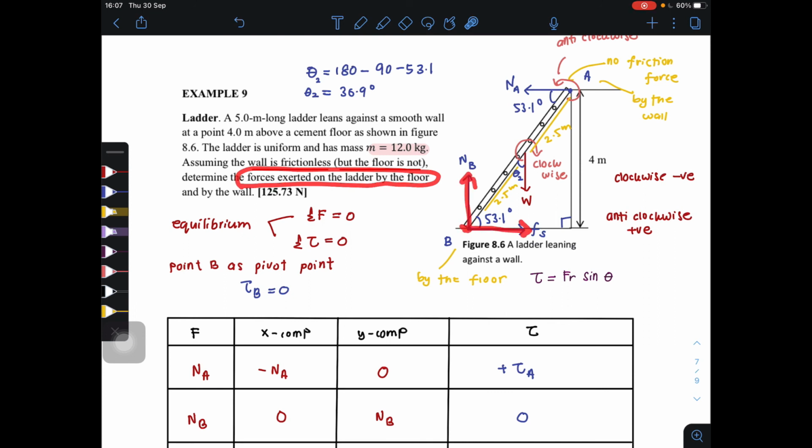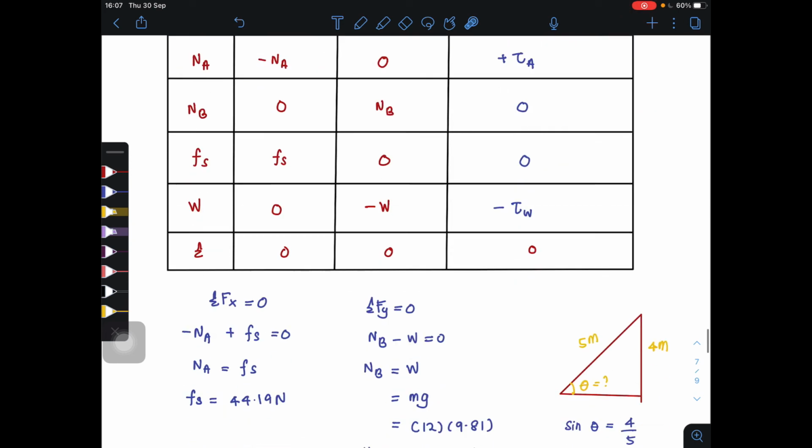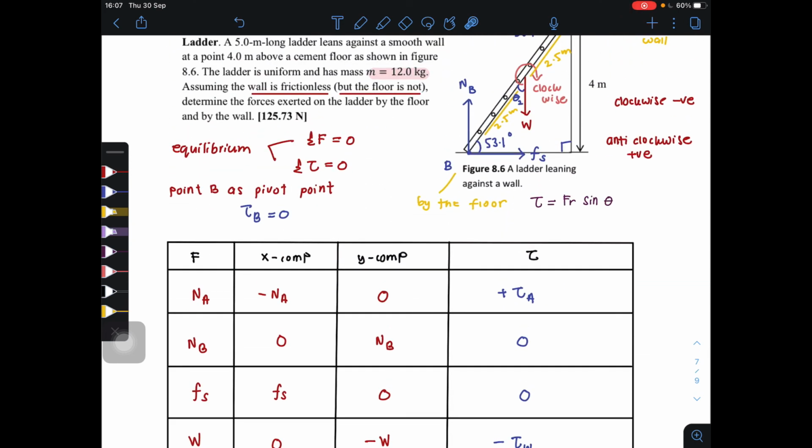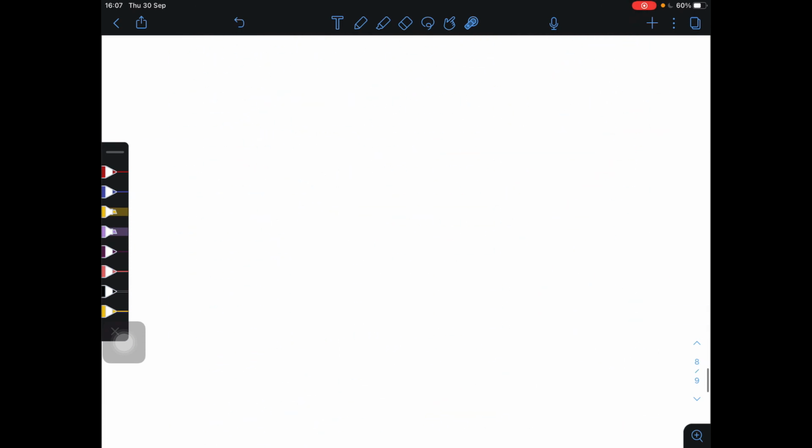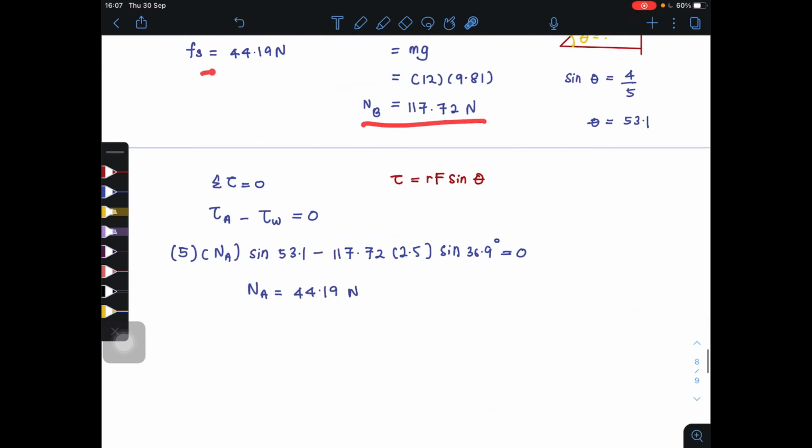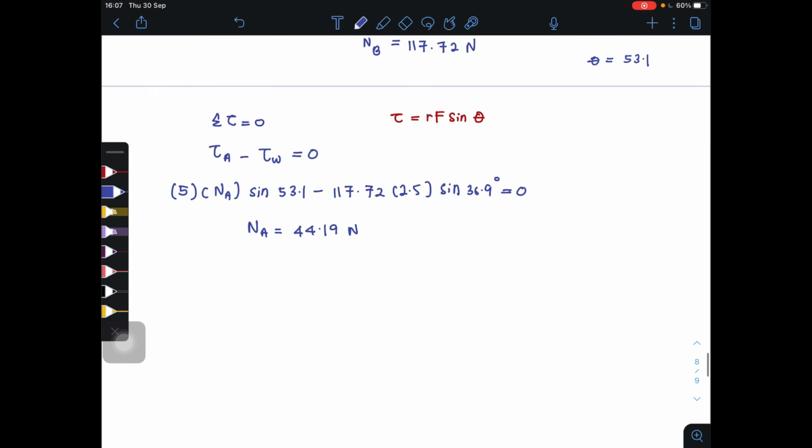So apabila ada dua force, bermaksud kita kena resolve. Kita kena cari dia punya magnitude of the vector. So dekat floor ni kita ada NB dan Fs, right? Which is NB dan Fs. So the force by the floor, this one lah.